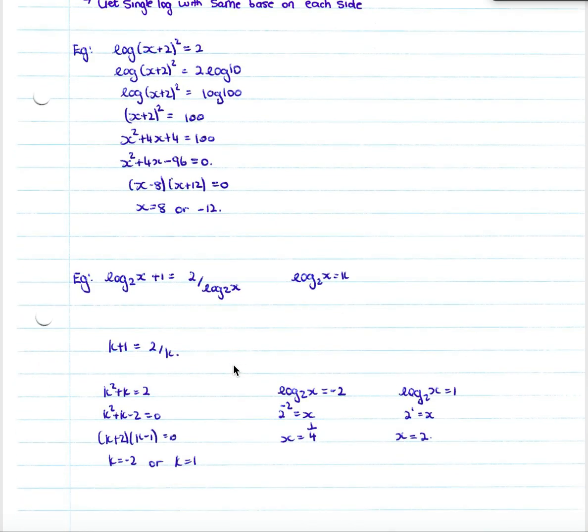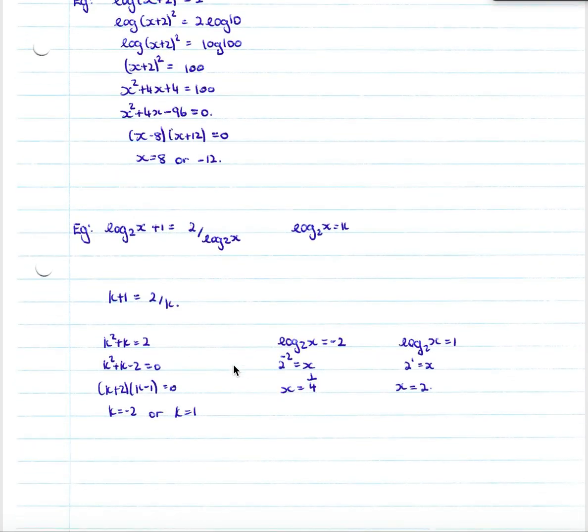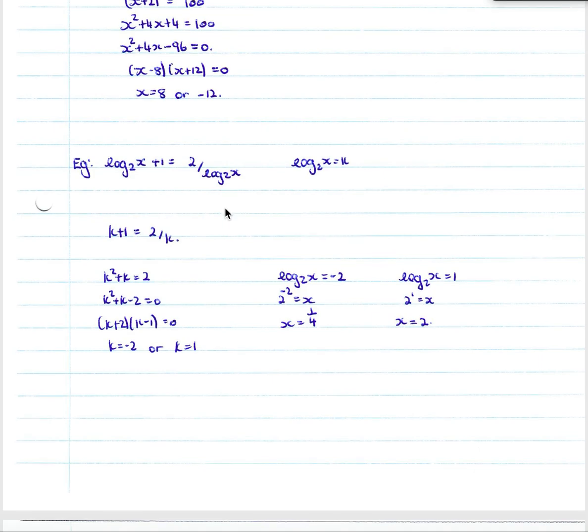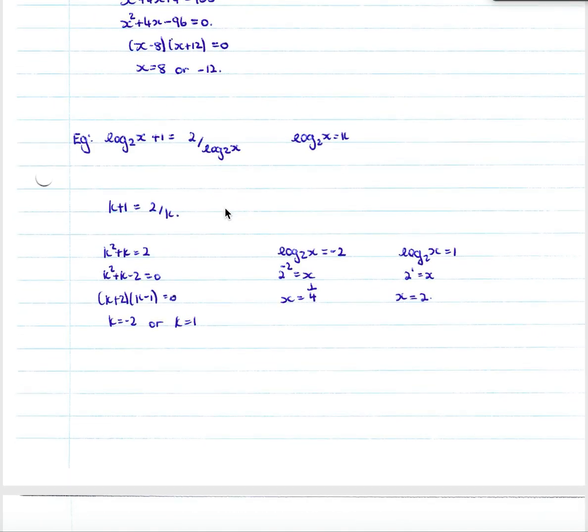Here we have a slightly more complicated one. So we have log base 2 x plus 1 equals 2 over log base 2 x. Now, in cases like this, it's often easier to simply use substitution. So we do that.